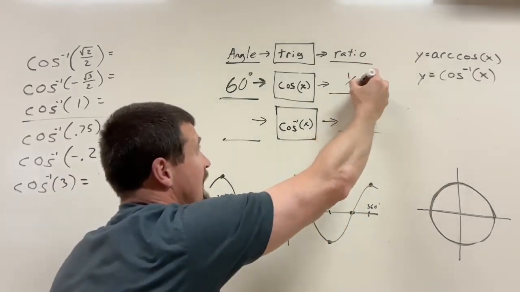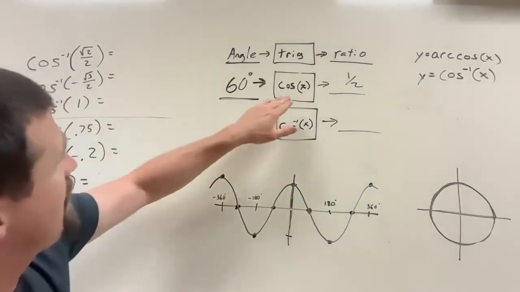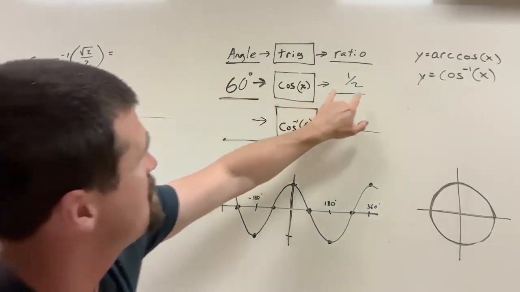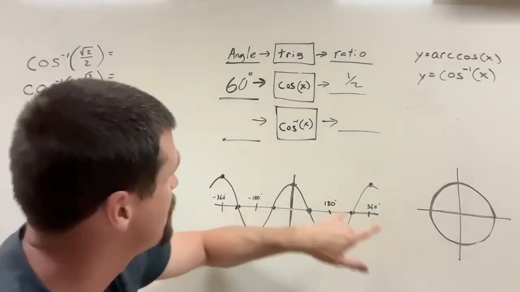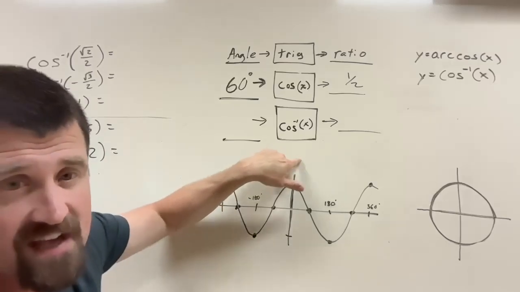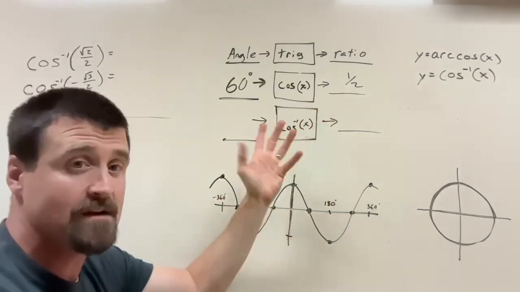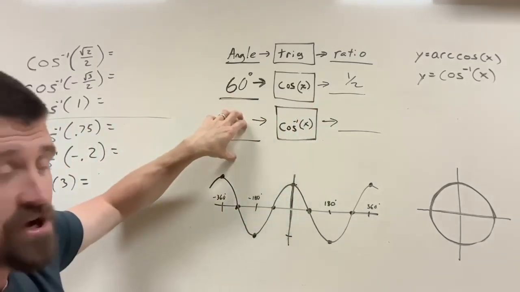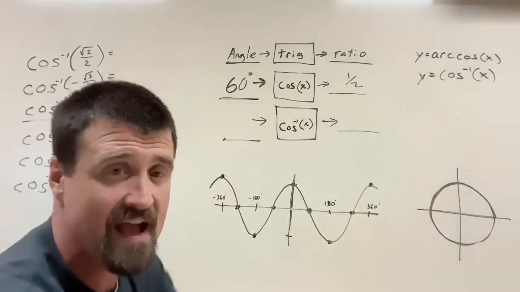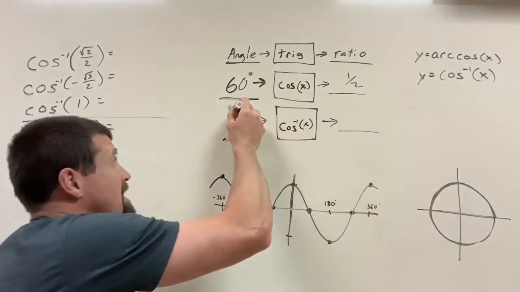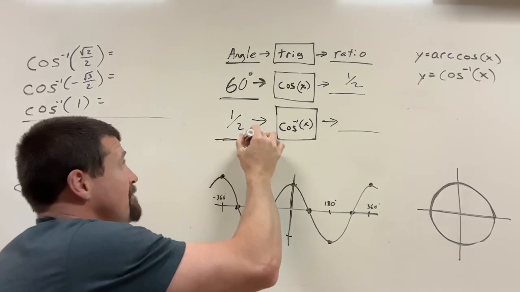It's 1/2. So regular cosine takes an angle, gives us a ratio. So what are we going to expect from inverse cosine? We're going to expect the opposite. We're going to expect to be able to put in a ratio and it gives us the angle. So I'm expecting to put in 1/2.